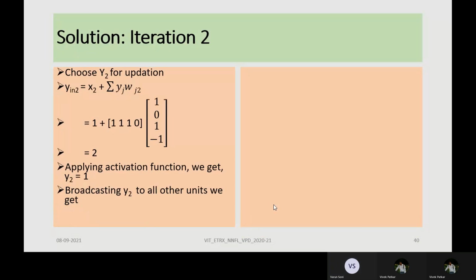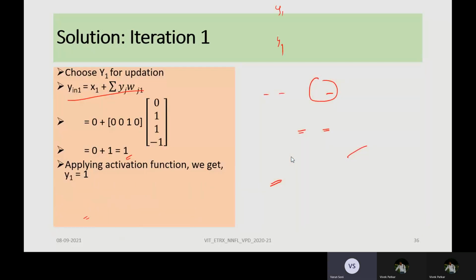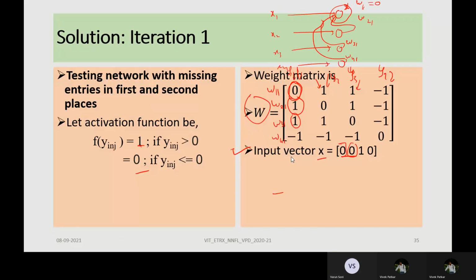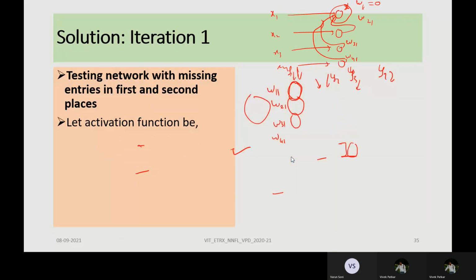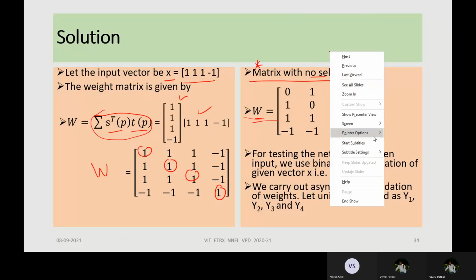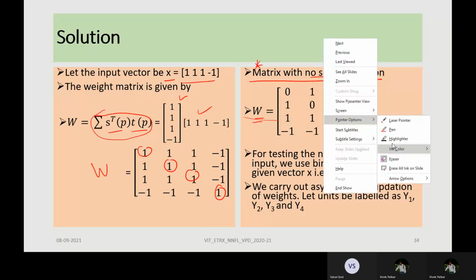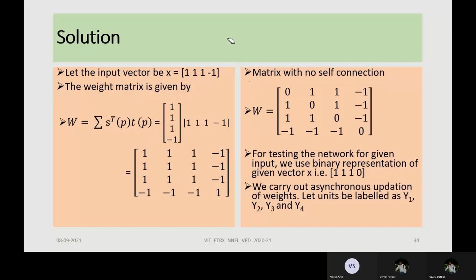Yes, sir. So now you can take down the solution. You understood it now? Yes, sir. Now I understood it. Good. This one. You can go ahead, go through the steps and then try to do it yourself.